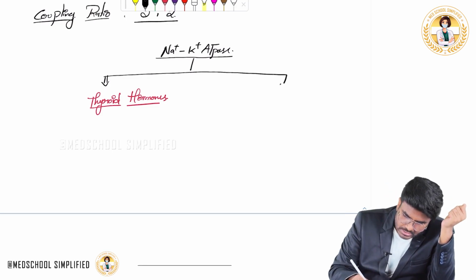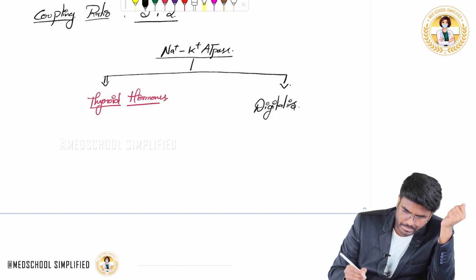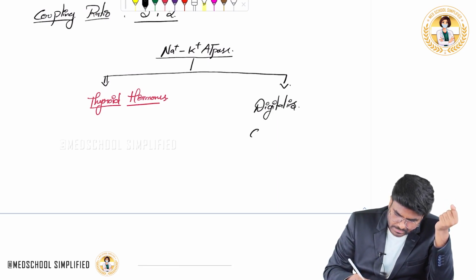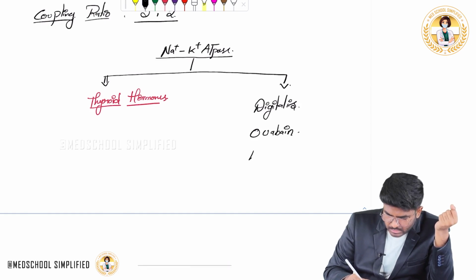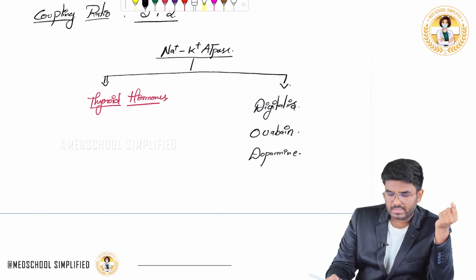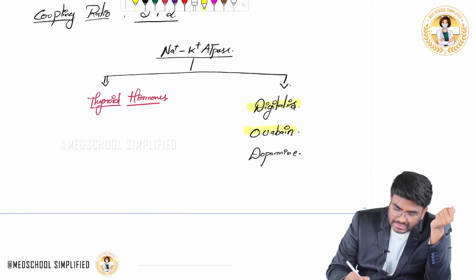And not only this, there are drugs like digitalis, the digitalis group of drugs like digoxin, digitoxin, ouabain, dopamine. See these drugs, whatever I have written over here, they will activate.